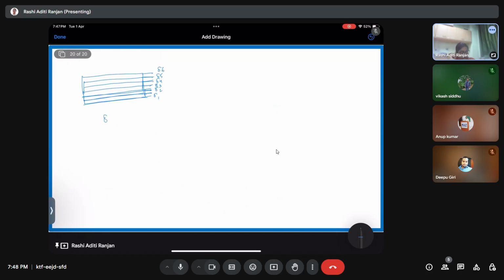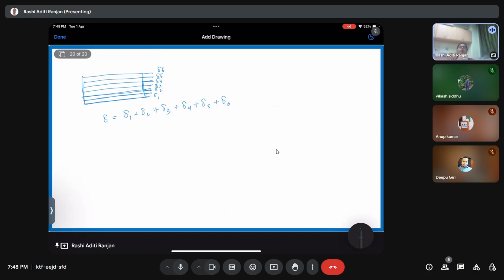Total delta is going to be what? Sum of the displacement of every layer. Correct? I hope this is clear.